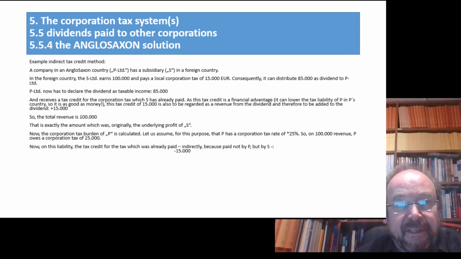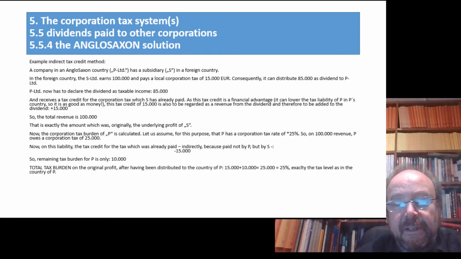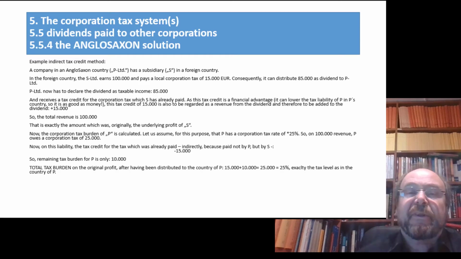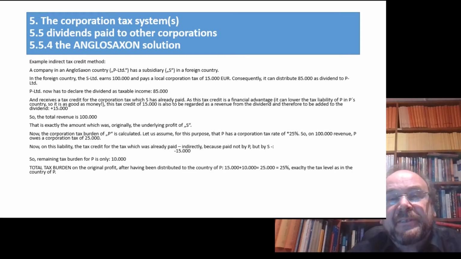You can always deduct it from your liability. 15,000 go down, so the remaining balance which has to be paid is 10,000 here. So the total tax burden on the profit is 15,000 have been paid in the country of S, 10 additional thousand have been paid in the country of P, so 25,000, so exactly 25%, the same tax rate as if the money had been earned in the country of P.